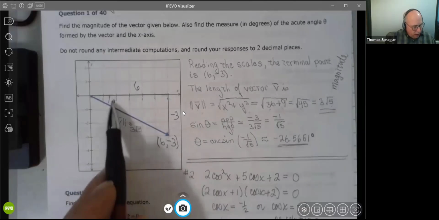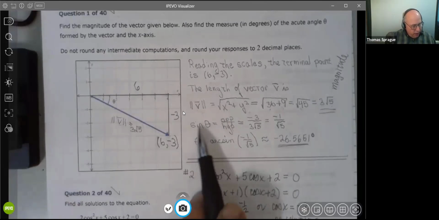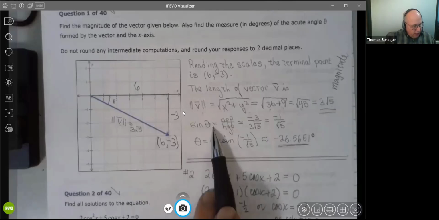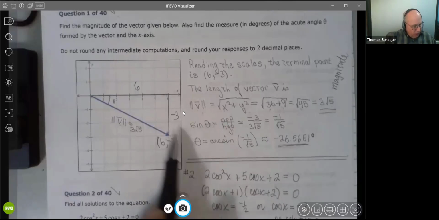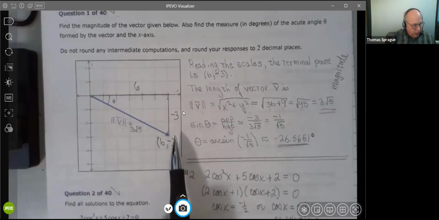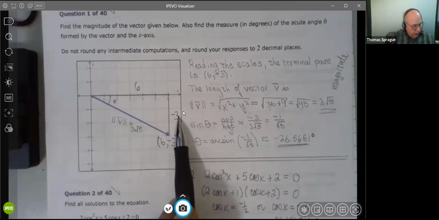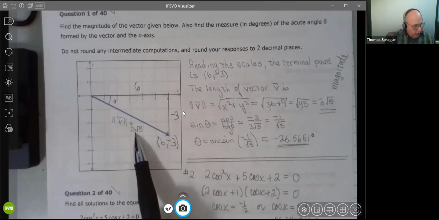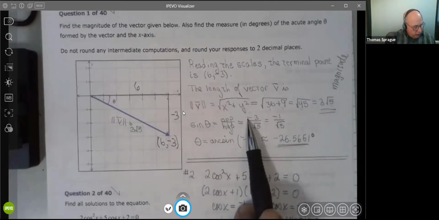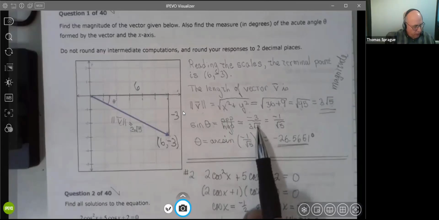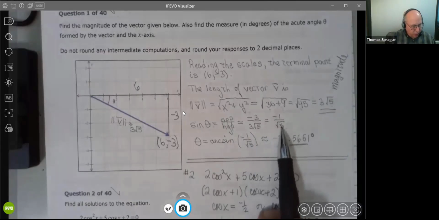Now the angle. The sine of theta, or you could do the tangent of theta, would be really handy too. But the sine of theta is opposite over hypotenuse. So it is minus 3 over 3 root 5, and that's minus 1 over root 5.